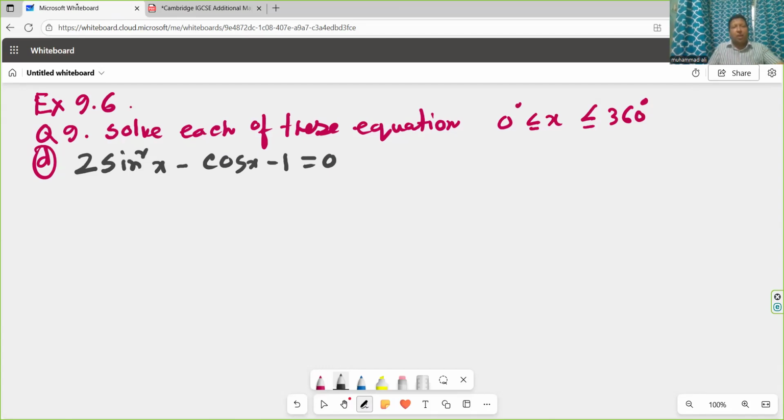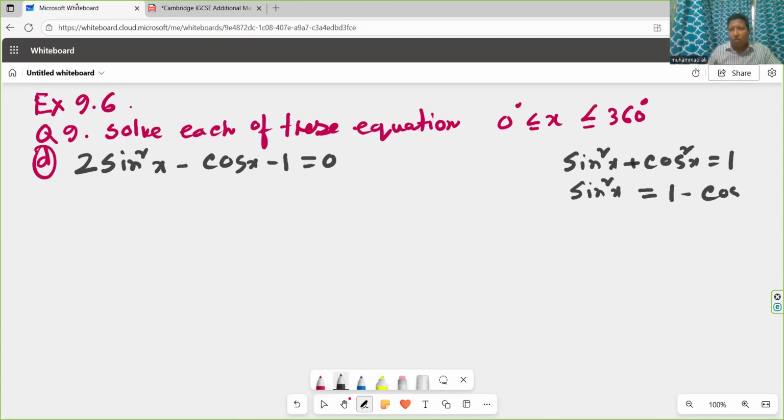Before starting, we should convert all of these terms to sine or cos. We have one formula, sine square x plus cos square x equals 1. So instead of sine square x, we can write 1 minus cos square x.